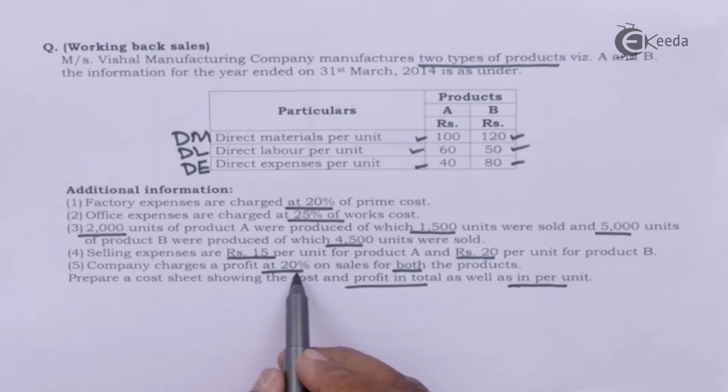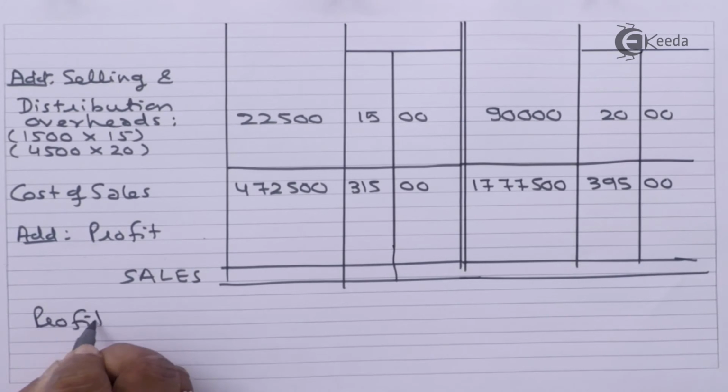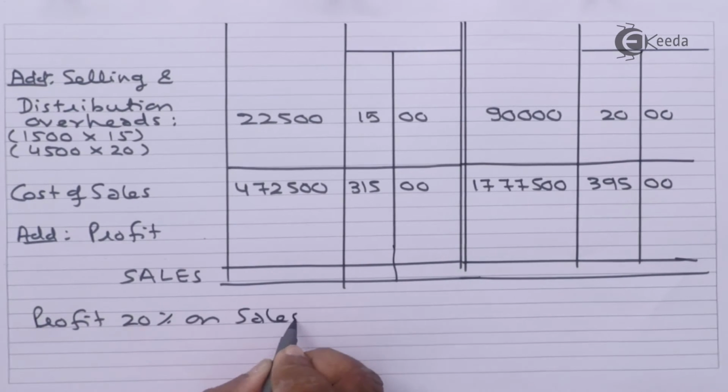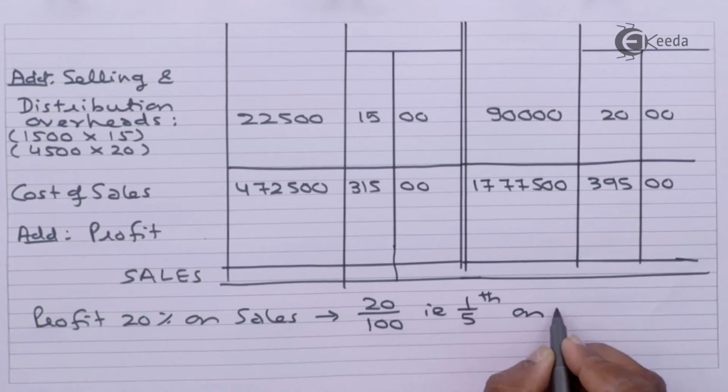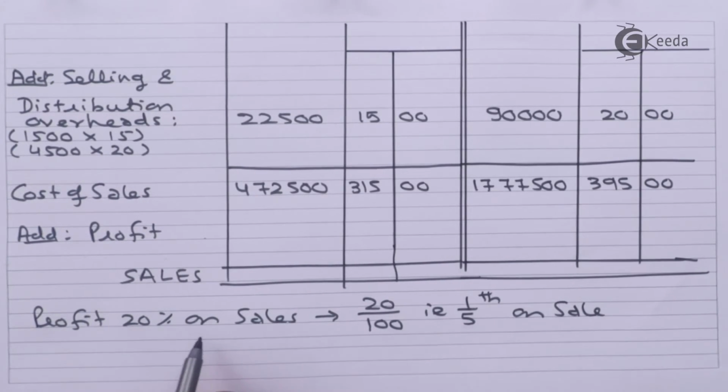We can add profit to this so that we can arrive at sales. Company charges profit of 20% on sales for both the products. Profit 20% on sales, that is 20 upon 100, that is 1/5 on sales in case of both the products.